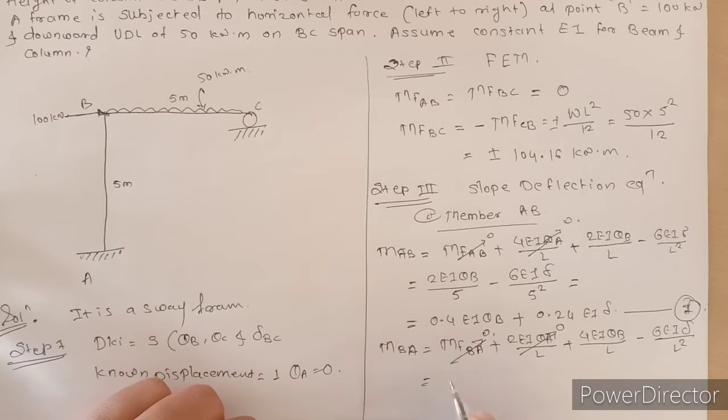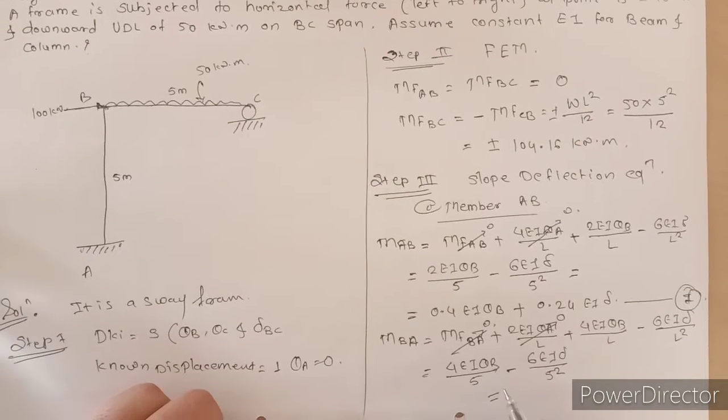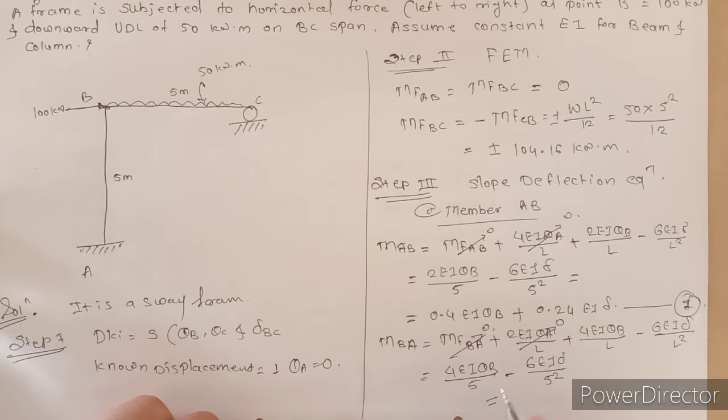The remaining is 4 EI theta B divided by 5 minus 6 EI delta divided by 5 square. So the equation is 0.8 EI theta B minus 0.24 EI delta. This is equation number two.